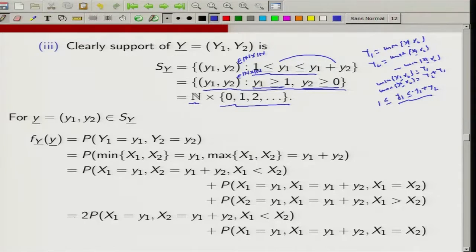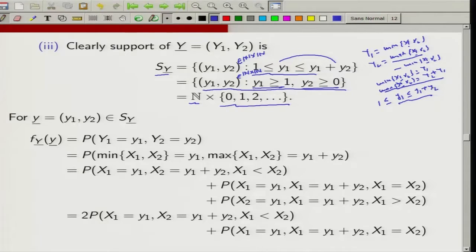Sorry, I will have to repeat the support of S_y. What is the support of S_y, with y as (y1, y2)? y1 was the minimum of x1, x2, y2 was the maximum minus the minimum. The minimum of x1, x2 is y1, the maximum of x1, x2 is y1 plus y2. So, what I have to make sure is y1 is greater than or equal to 1, because the minimum of x1, x2 is an integer, and the maximum of x1, x2 is y1 plus y2.